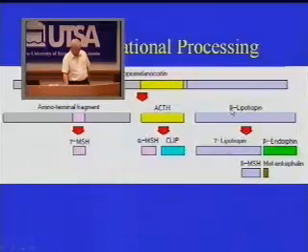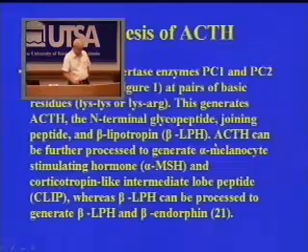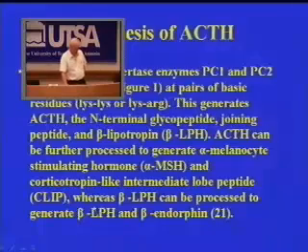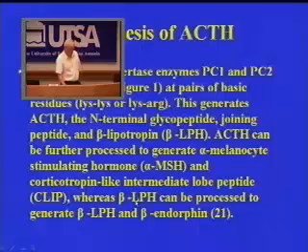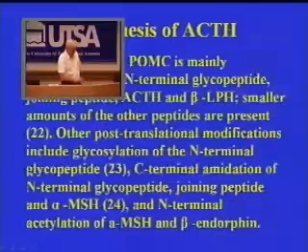Should be beta-LPH to gamma-LPH. I knew that was a mistake on that slide. This beta here should be gamma, a byproduct. The amino acid sequence, the number of residues, is decreased because it has been cleaved to provide the beta-endorphin molecule.